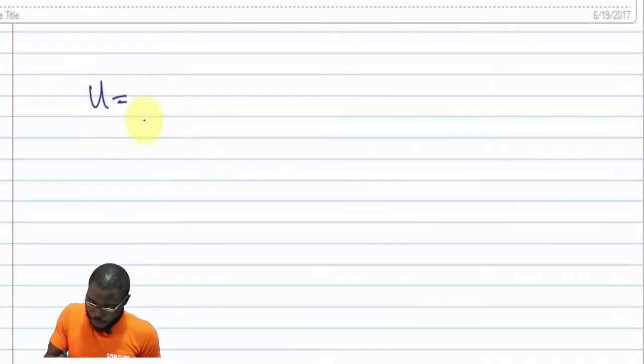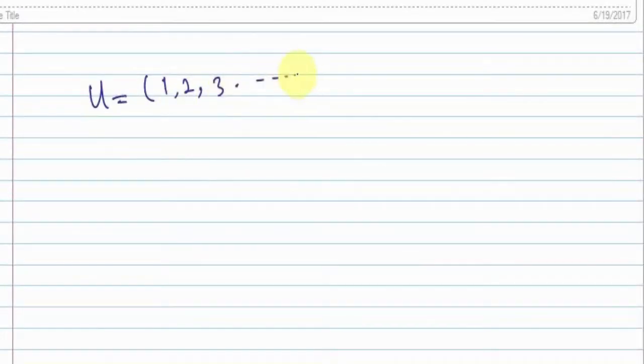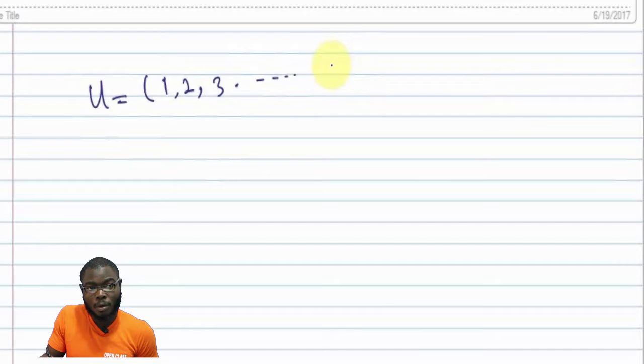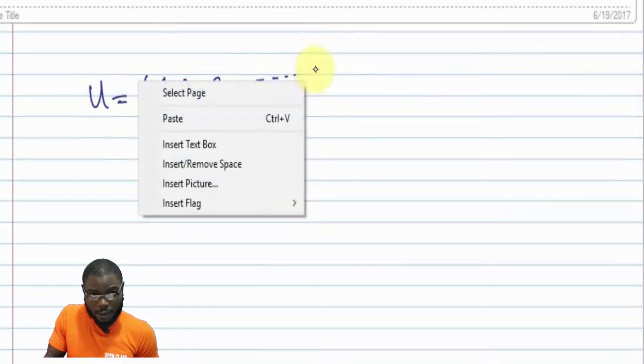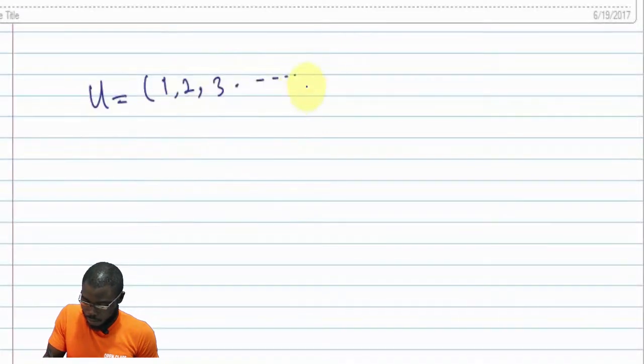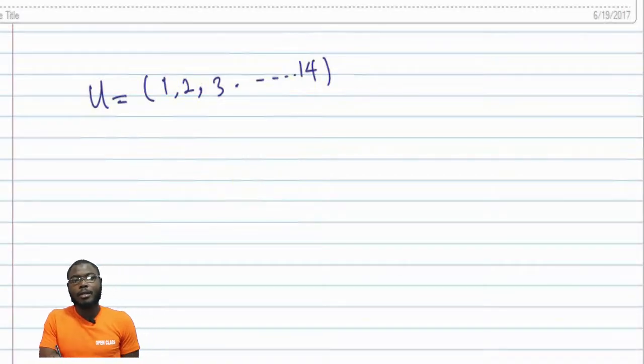So u is numbers between 1 and 15. That's 1, 2, 3 to, let's say 14, less than 15, and then p is even number between 1 and 14.